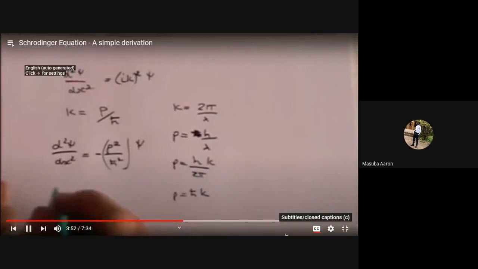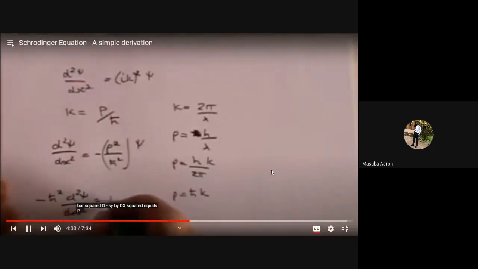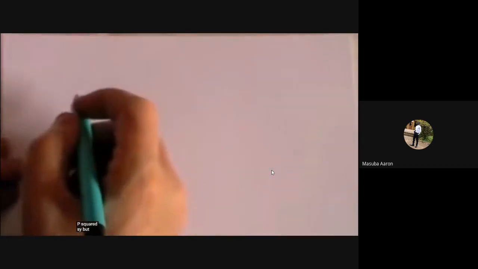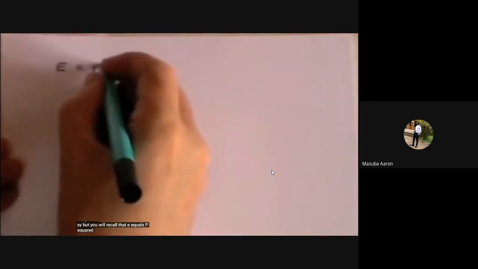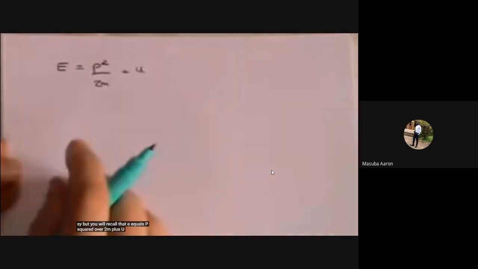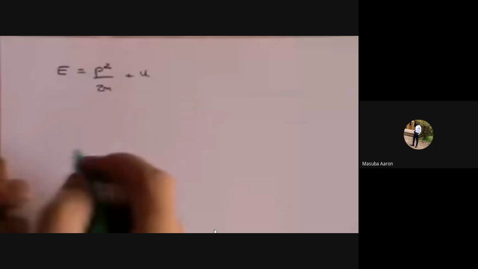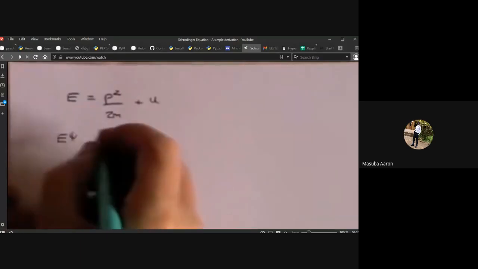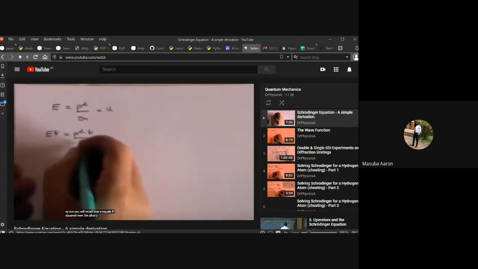Multiplying through by minus h bar squared, we get minus h bar squared d2 psi by dx squared equals p squared psi. But you will recall that E equals p squared over 2m plus U. So, if we have that formula, then we can say that E psi is p squared psi over 2m plus U psi.